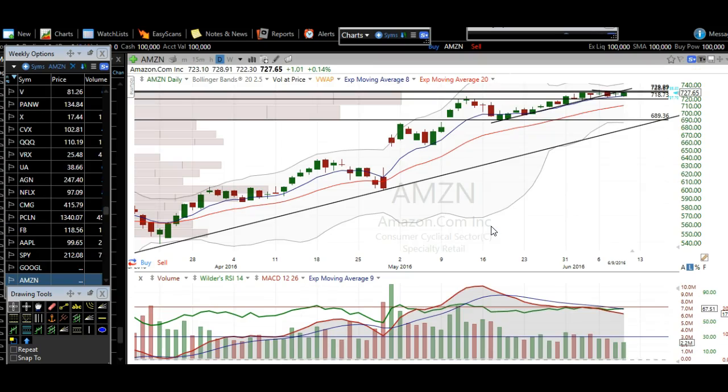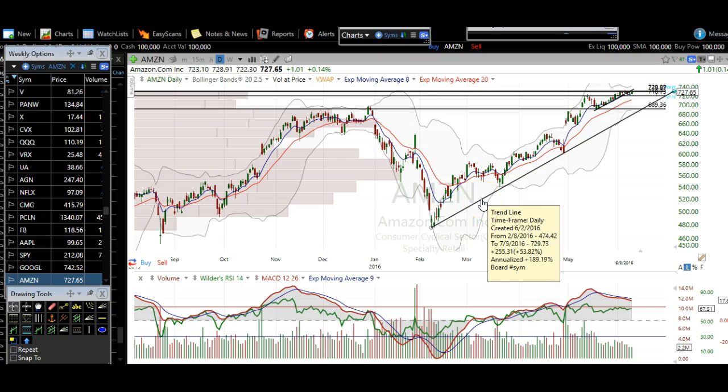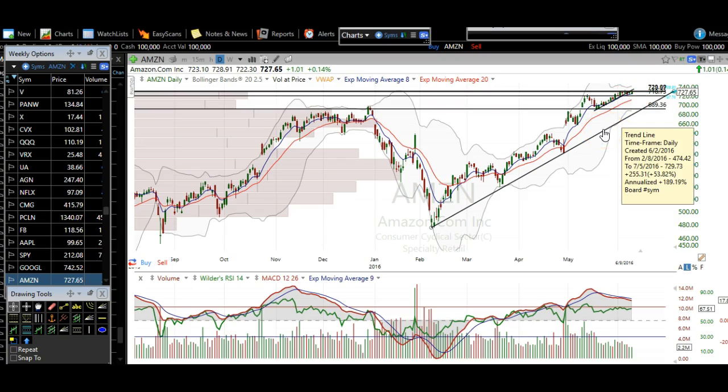Next, I want to cover Amazon. So Amazon, overall, this chart is quite bullish. Okay, we're at all-time highs on Amazon, so very bullish. But I do want to point out, we had a negative divergence on the MACD over here, which led us lower, and we also have a negative divergence on the MACD again.